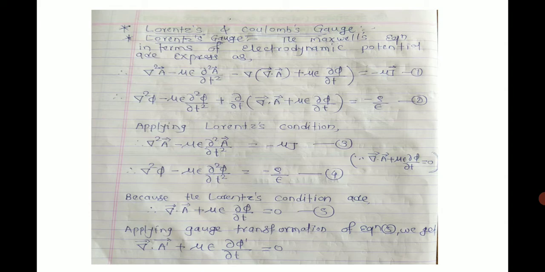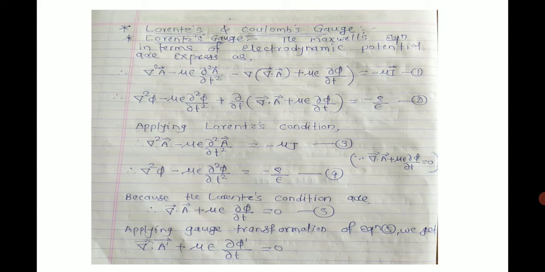Then we see, from the previous video, the Lorentz condition: del dot A plus mu epsilon dabba phi by dabba t is equal to 0. Now apply the Lorentz condition to equations 1 and 2.